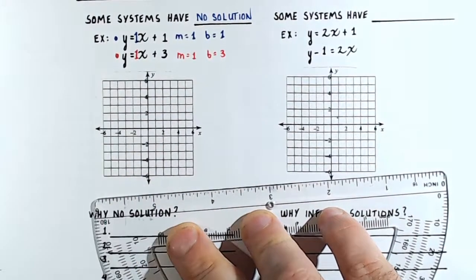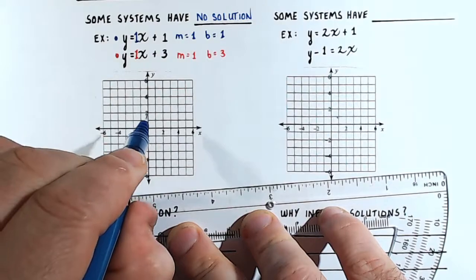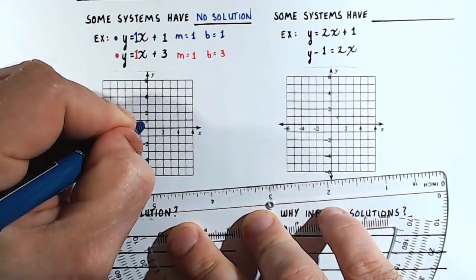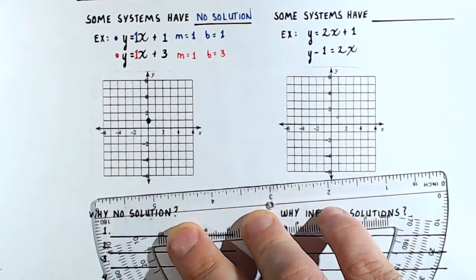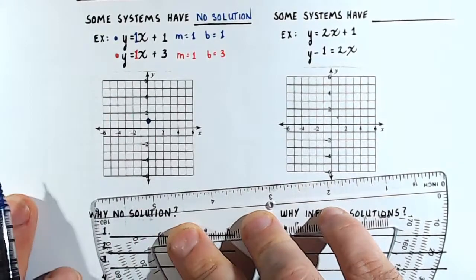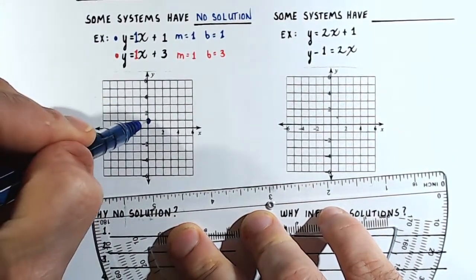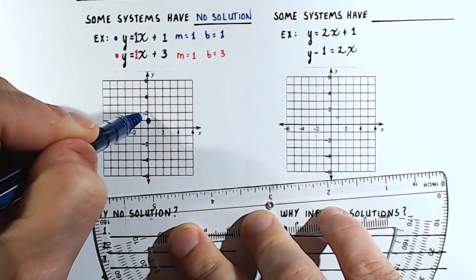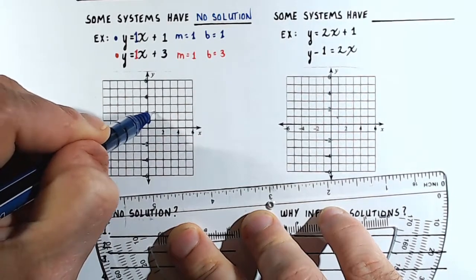My y-intercept is 1, so my pen will instantly and naturally go to the y-axis and park itself right here at 1. Now, in order to plot that second point, I have to use rise over run. Well, that's 1 over 1. So I go up 1 over 1.